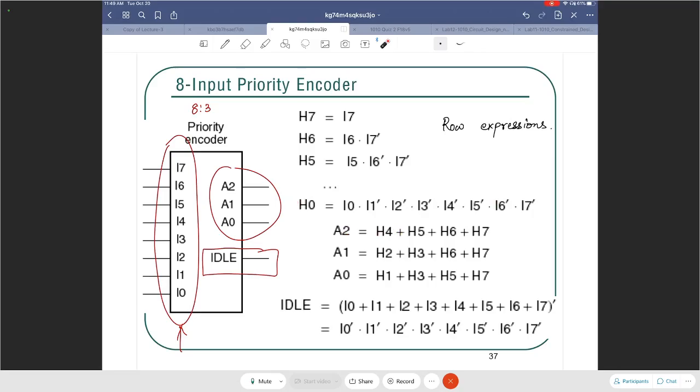H0 is not connected to anything. But if you look at the 4 to 2 priority encoder truth table and logic expressions, you will be very easily able to expand that to the 8 to 3 priority encoder, the relationships here. The idle output is indicating that there's no active input.